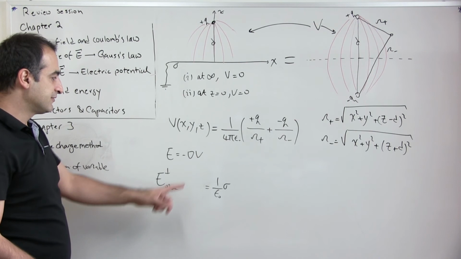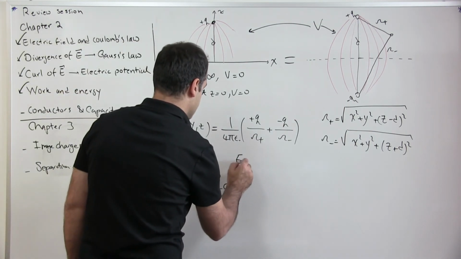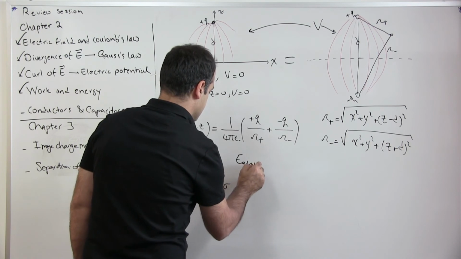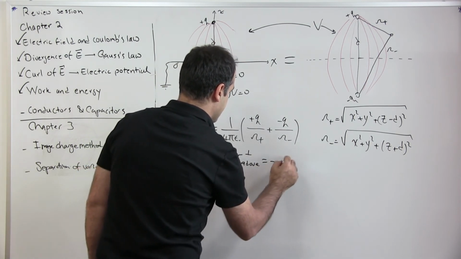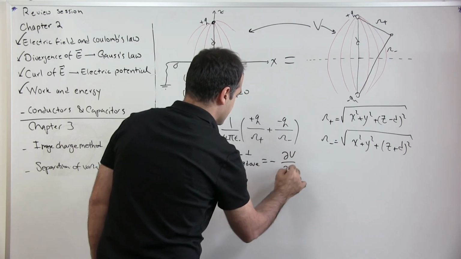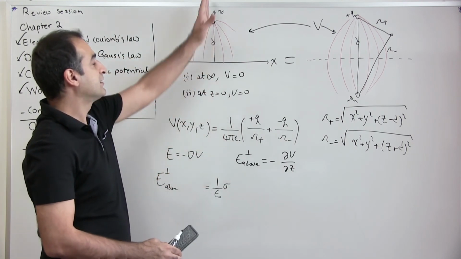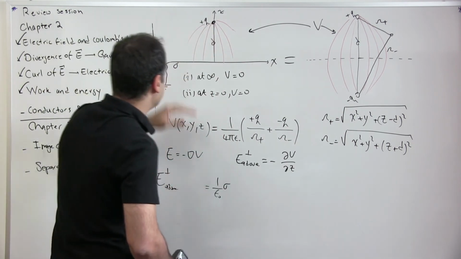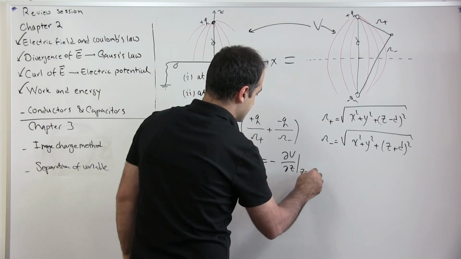We can calculate it from the derivative of the potential. So E above, perpendicular component, is negative of dV over dz, because the vertical component is z, and if we want to look right on the surface, we need to look at z equal to 0.